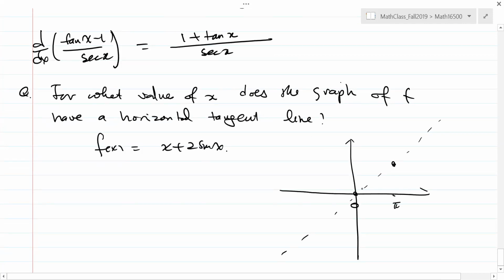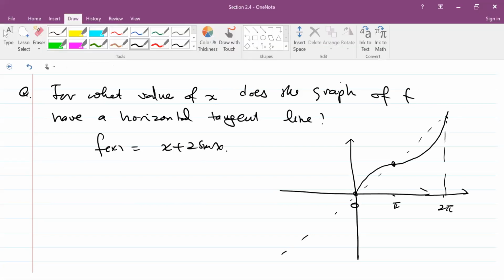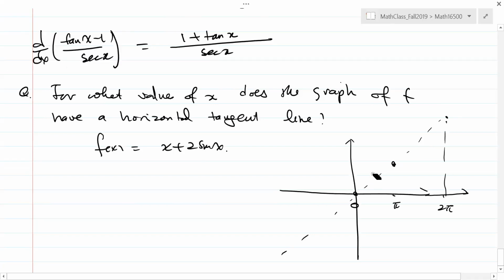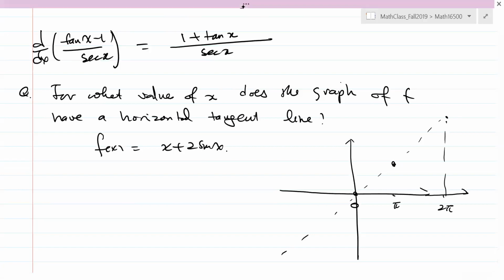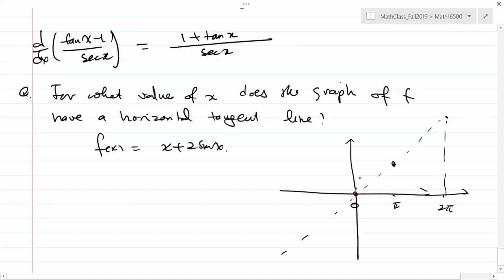So it's going to be, when it's 2 pi, right? So my guess is it's going to be like that. Okay, it's going up, down, up, down. Even go up a little bit. It's not straightforward. Okay, it could be like this. Let me draw the picture. It could be like that. Okay.